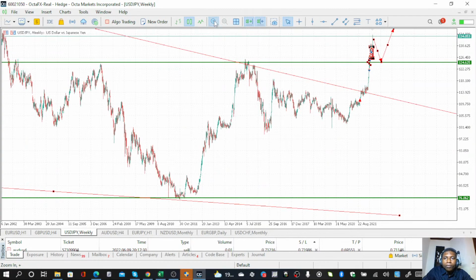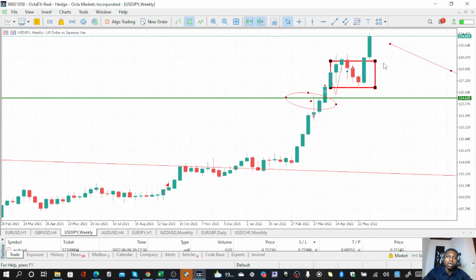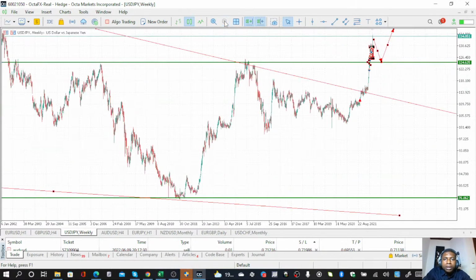At this point, we wait, because there is a big momentum up, and it's been a long time since the market got to this level. No candle has gotten to this height for weeks now. Look at this level, this is 2016.